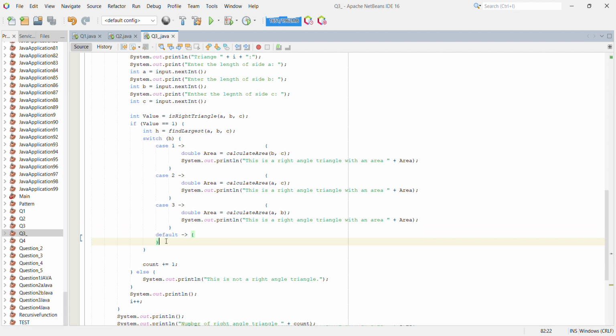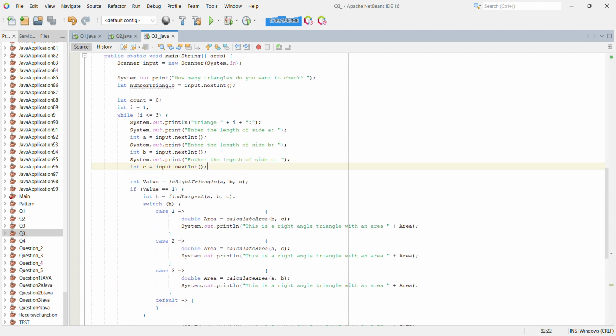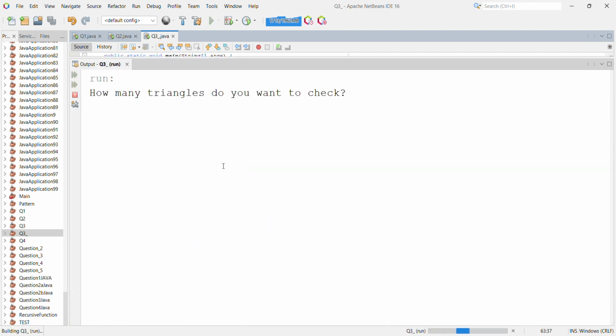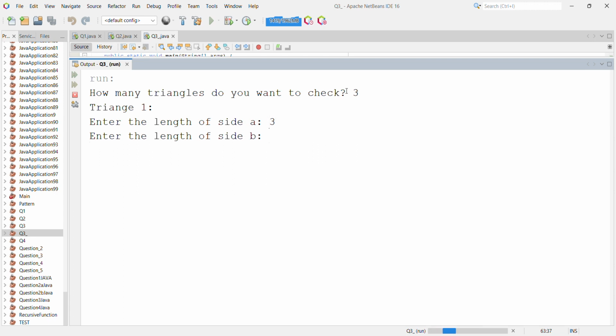This is our structure to solve this question. How many triangles do you want to check? For example, 3. The length of side A is 3, B is 4, C is 5.